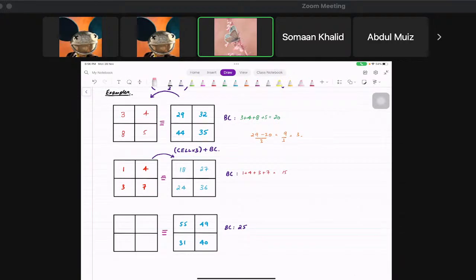Okay. Now the same thing I want you to do for this one. Okay, the values are given. Can you please do it?